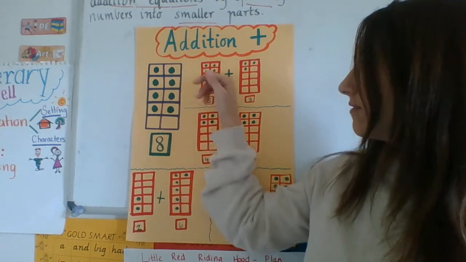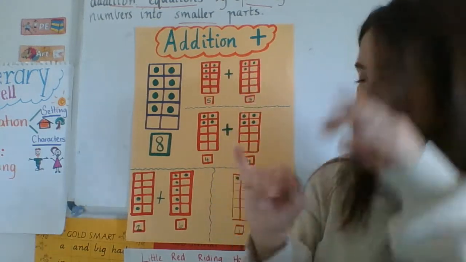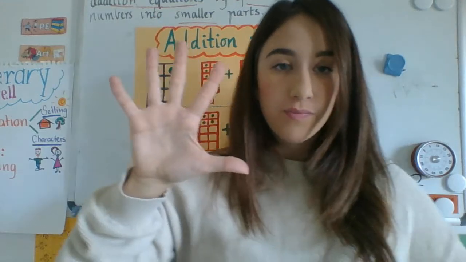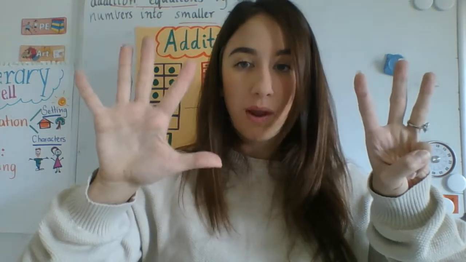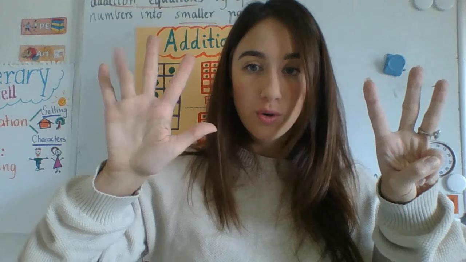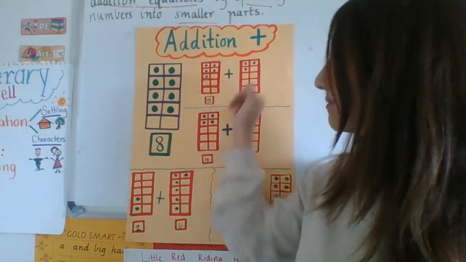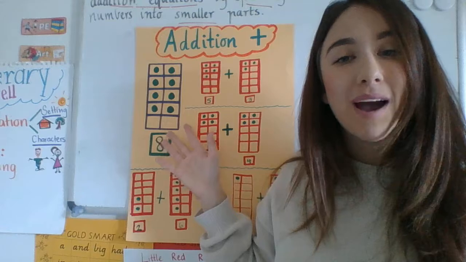We have 5 and 3 more. Let's check on our fingers to make sure that definitely makes 8. 5 and 3 more. Count with me. 1, 2, 3, 4, 5, 6, 7, 8. I definitely have 8. So 5 and 3 makes 8. It is the same as 8.